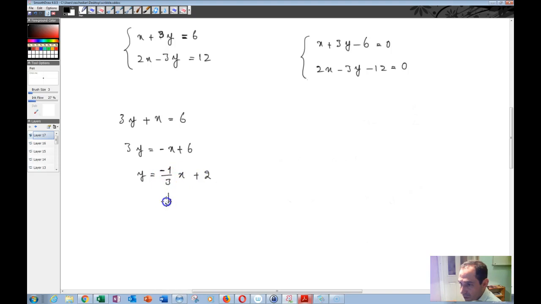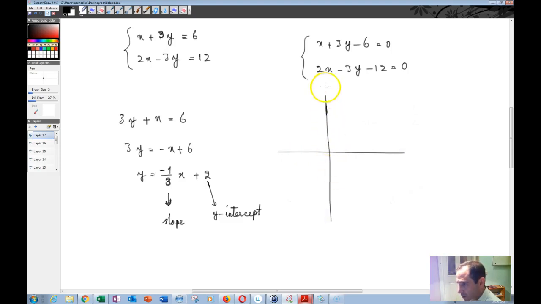And now this number over here is the slope of the line, and this is the y-intercept. Okay, so again, this y-intercept is the point where the line goes through the y-axis, and at the y-axis itself the x is always equal to 0, and then you can move along this line over here.